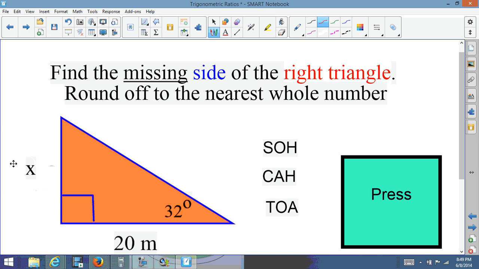So this will give me my opposite side, because it's way across on the other side. So SOHCAHTOA would be standing here at the 32-degree aiming, and right next to him, and next to is adjacent, is 20 meters.